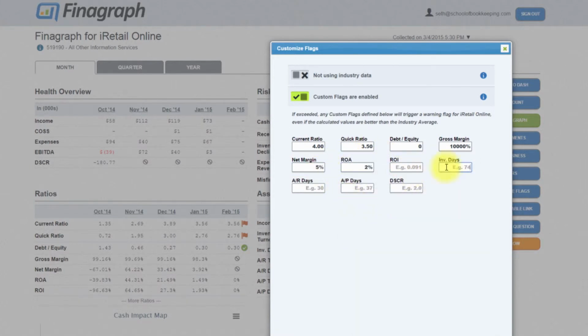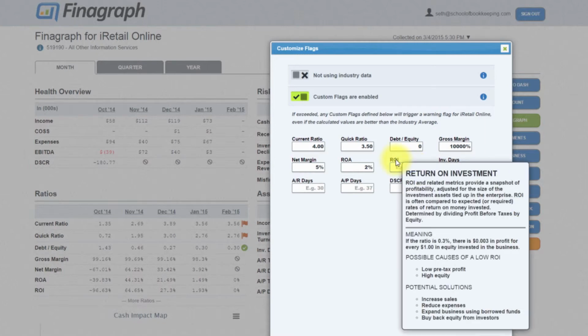Okay, inventory days. We saw an indication in the sample file where this is something we'd want to increase. And for these guys, it's irrelevant because they don't carry inventory. Like I said, they sell an informational product. ROI, return on investment. So that's your net income divided by your equity, right? ROI and related metrics provide a snapshot of profitability adjusted for the size of the investment assets tied up in the enterprise. ROI is often compared to expected or required rates of return on money invested, determined by dividing profit before taxes by equity.